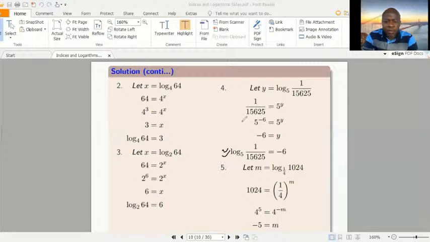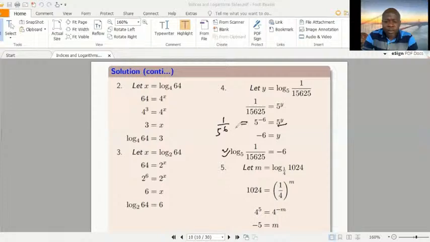You see, this is what it was, 1 out of 5 raised to 6. I wanted the 5s to be in the numerator, together with their powers, so that I can equate. I can never equate when one is in the numerator and the other one is in the denominator. That's why I take this one to the numerator, so that I have 5 raised to negative 6.